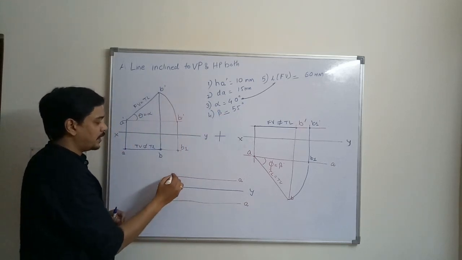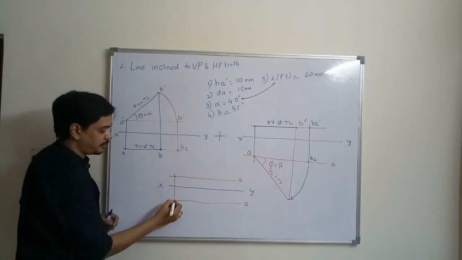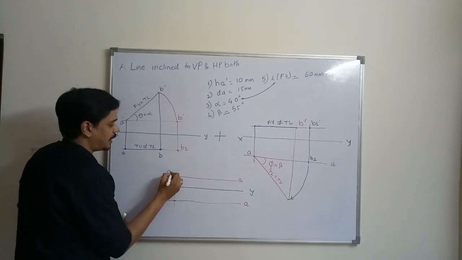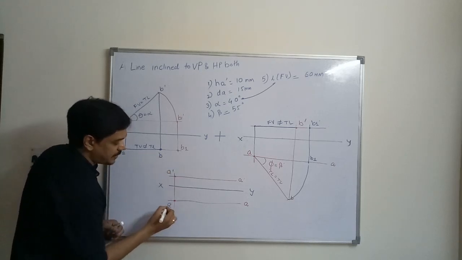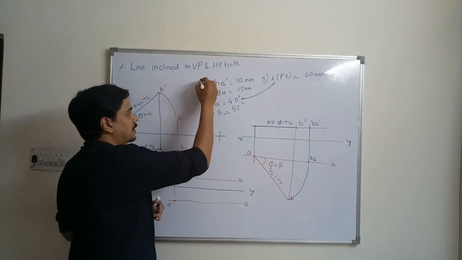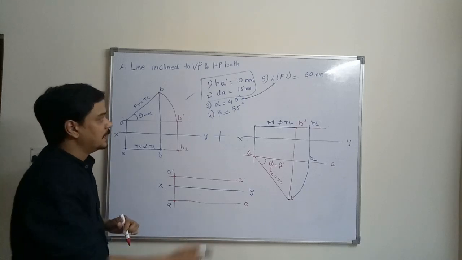Then again you have to locate the A point. So let us name this point as A dash and this point as A. Once you mark the lengths, the job of lengths is over.